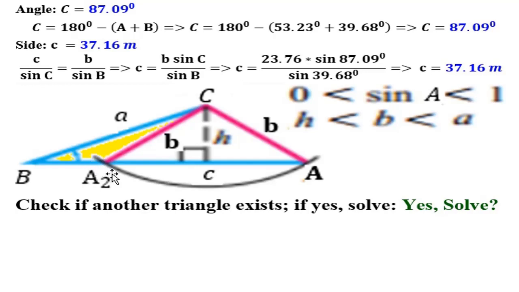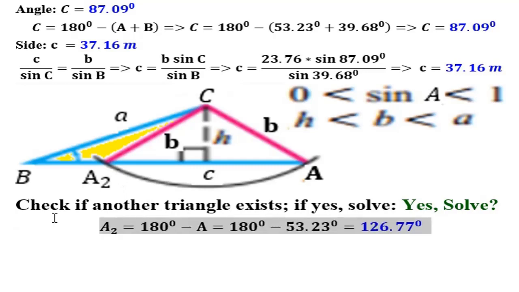To check if another triangle exists, we found angle A, then we're going to find another angle A2, which is supplement to A. This angle A is equal to this angle A, then A2 is supplemented to A. That is, A2 is 180 degree minus A, which is 180 degree minus 53.23, which is equal to 126.77.